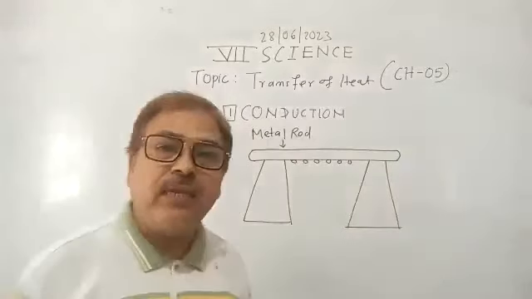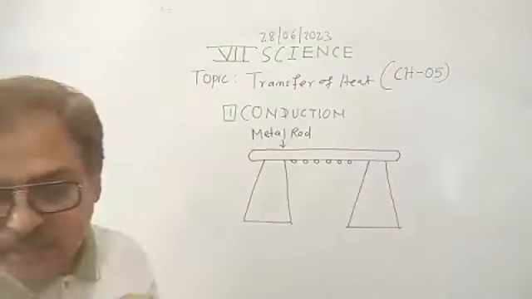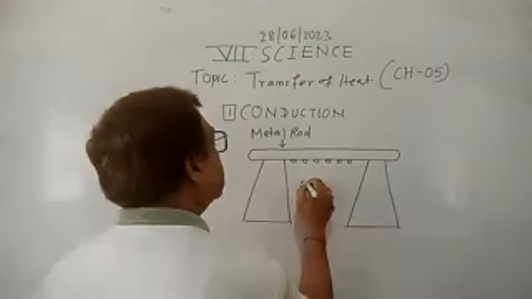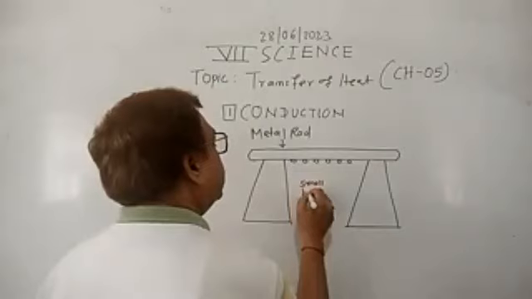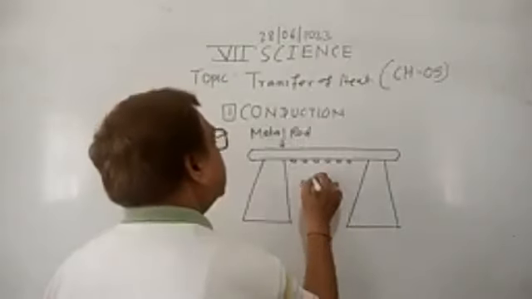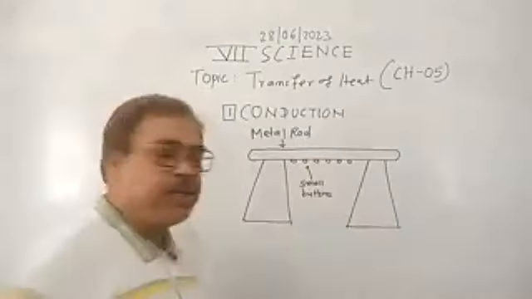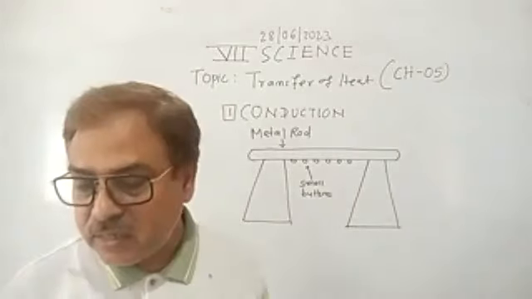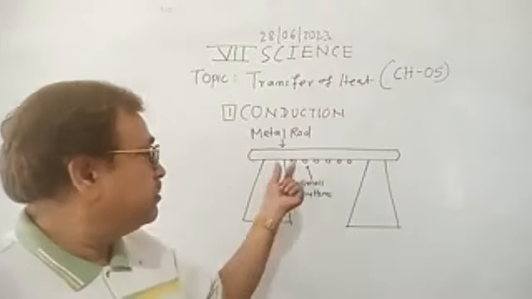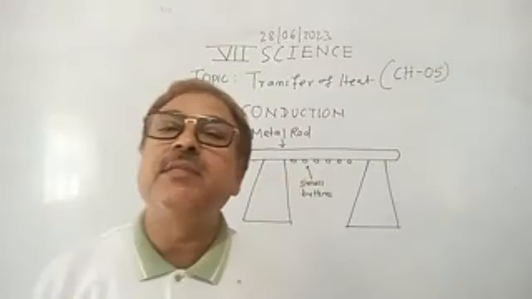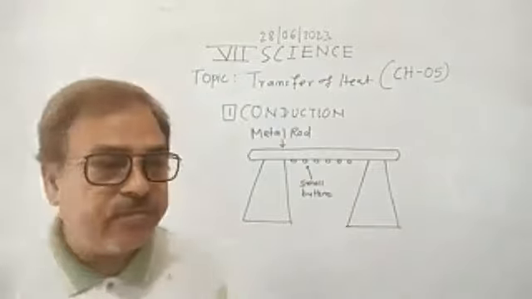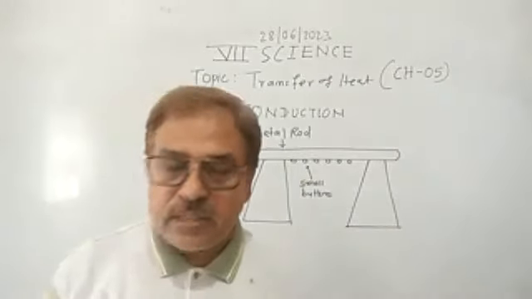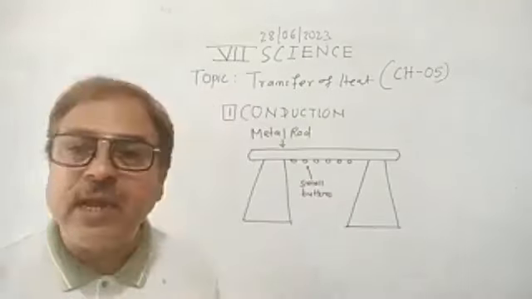You can see here small buttons are pasted on or fixed on the wax at regular intervals. The distance between one button and the other is taken as 5 centimeters each, and this wax is allowed to solidify and harden up.